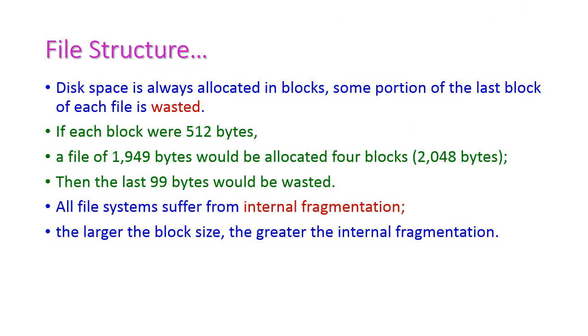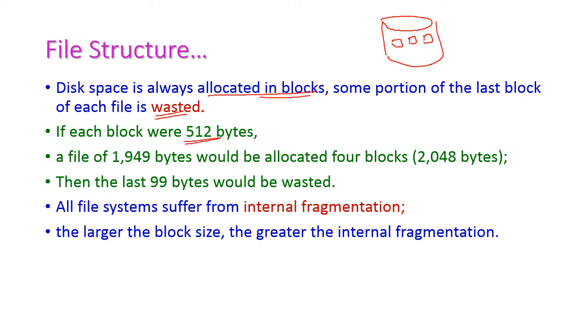Here the disk space is always allocated in blocks. So this is the disk space, always allocated in blocks, and some portion of the last block of each file may be wasted. Okay, let us see how it will be wasted. Each block's size may be 512.